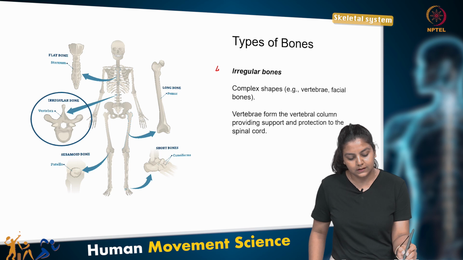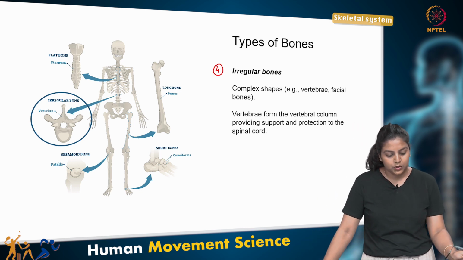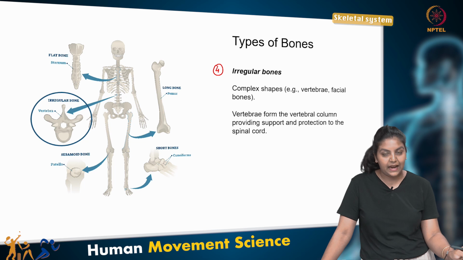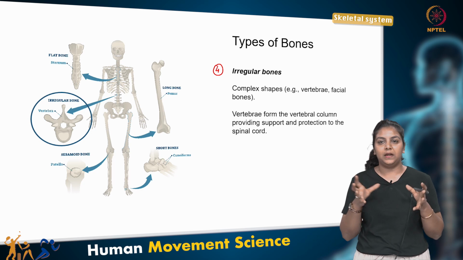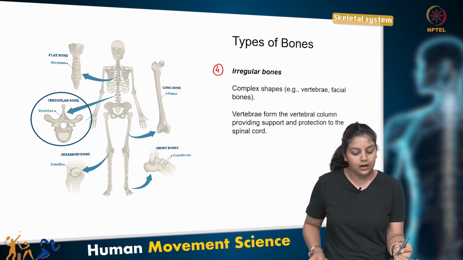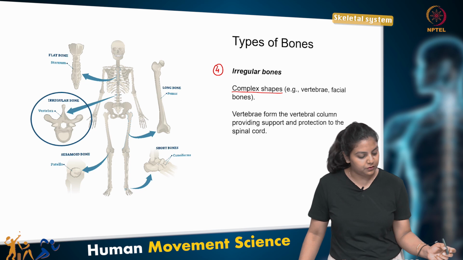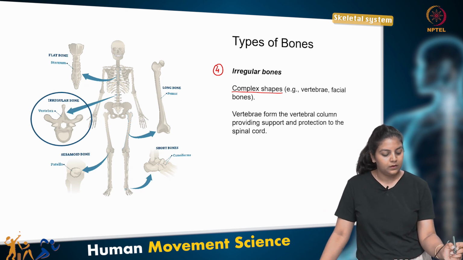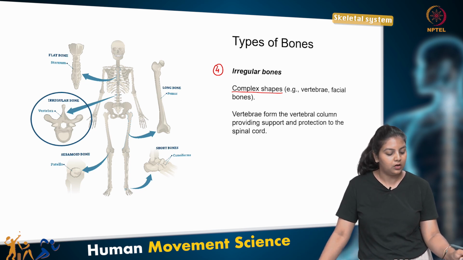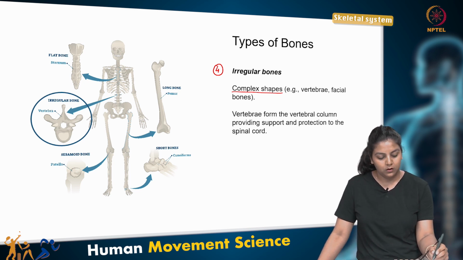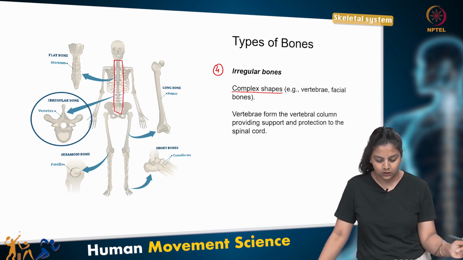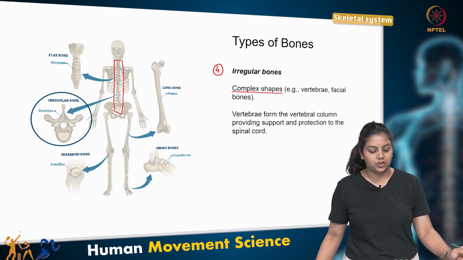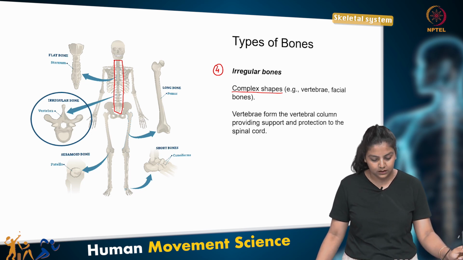Our fourth category is irregular bones. We've looked at long, short and flat, but irregular bones don't have a particular shape. They are complex shaped. For example, the vertebra, as you can see, is neither long, nor short, nor flat. It's an irregular bone, and they form the vertebral column. They provide support and protection to the spinal cord, as we've looked at earlier.